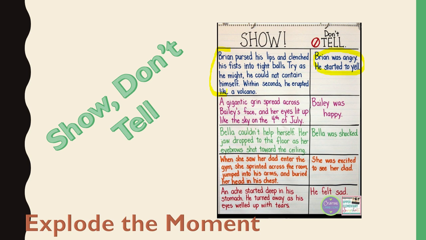Within seconds, he erupted like a volcano. Okay, think of that compared to Brian was angry and he started to yell. And so you can go along here and you can read each one as it's giving a little bit more detail. Instead of telling you, they're showing you, they're letting you picture that in your head.